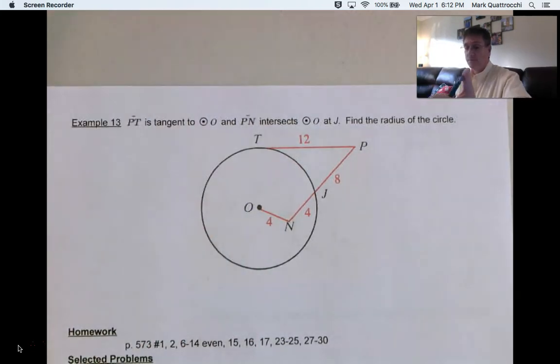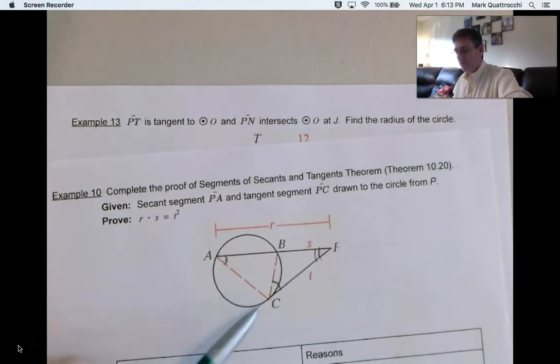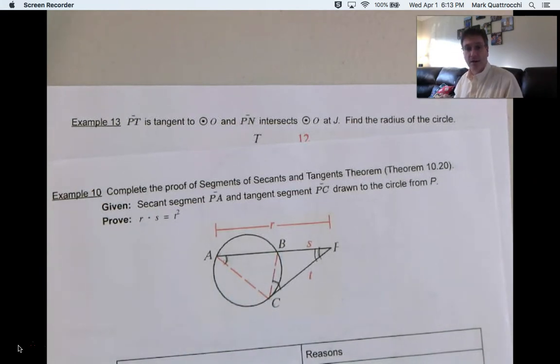Now, like we saw on the proof, when we did the fill-in proof here, we're going to have to draw in some segments that aren't in our picture.